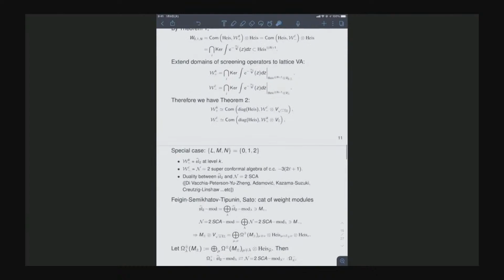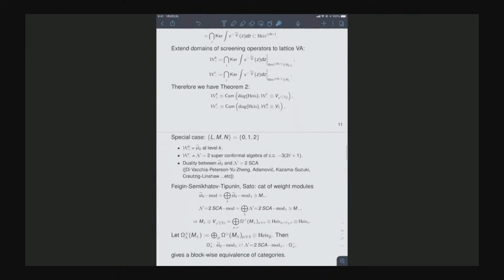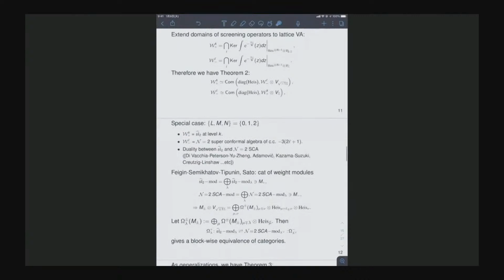So, an example. If you consider (L,M,N) equal to (0,1,2), W_+ is just affine sl_2, and W_- is just the N=2 superconformal algebra of central charge -3k/(k+1).